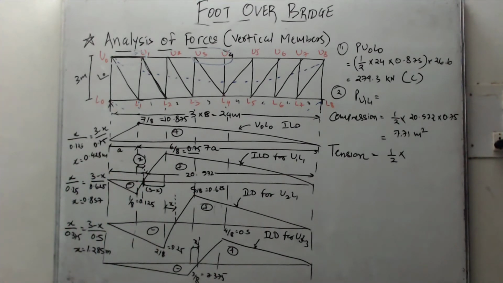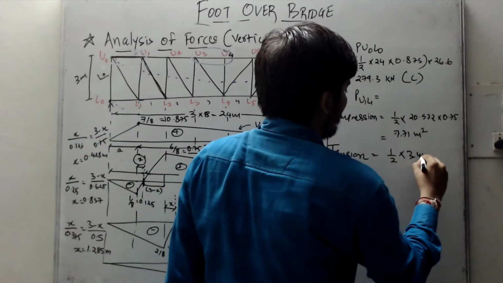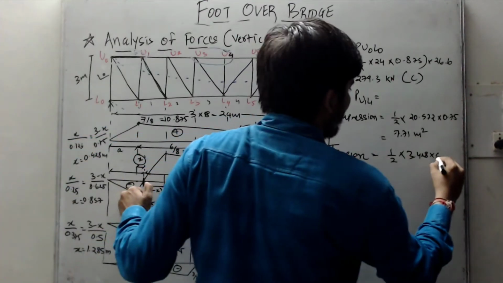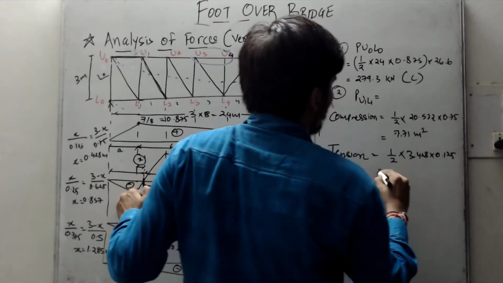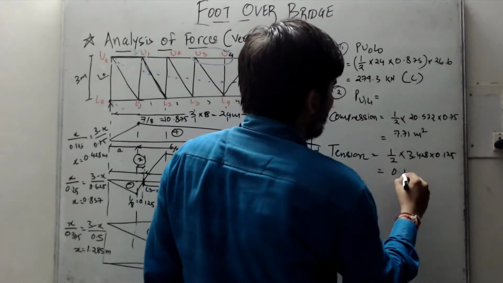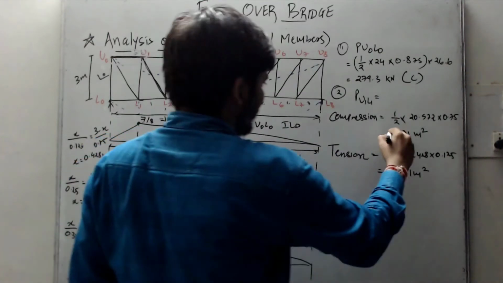Yes, 3.428 multiplied by height of this triangle, which is 0.125. So this tension area I will get as minus 0.21 meter square, minus because it is tension, this is plus because this is compression.